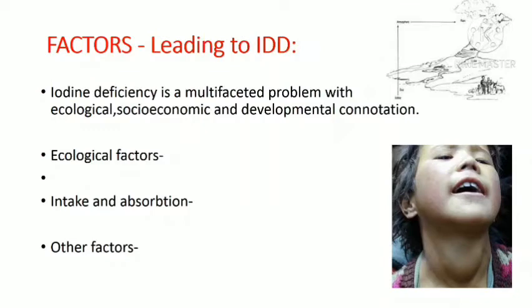Intake and absorption. Iodine metabolism is adversely affected by insufficient intake of iodine from foods, interaction with possible goitrogens, for example cassava, sorghum, sweet potato, cabbage, cauliflower, broccoli, turnip, soy, and millets, and exposure to cyanogenic compounds.